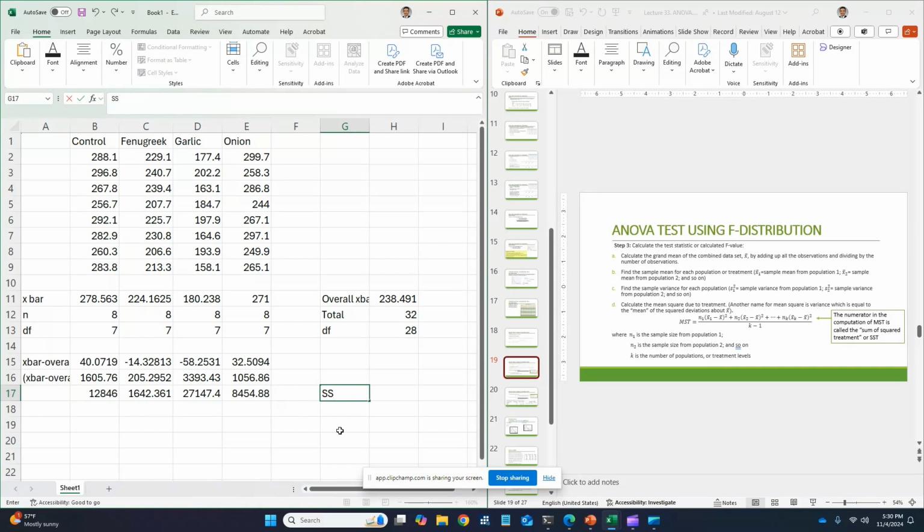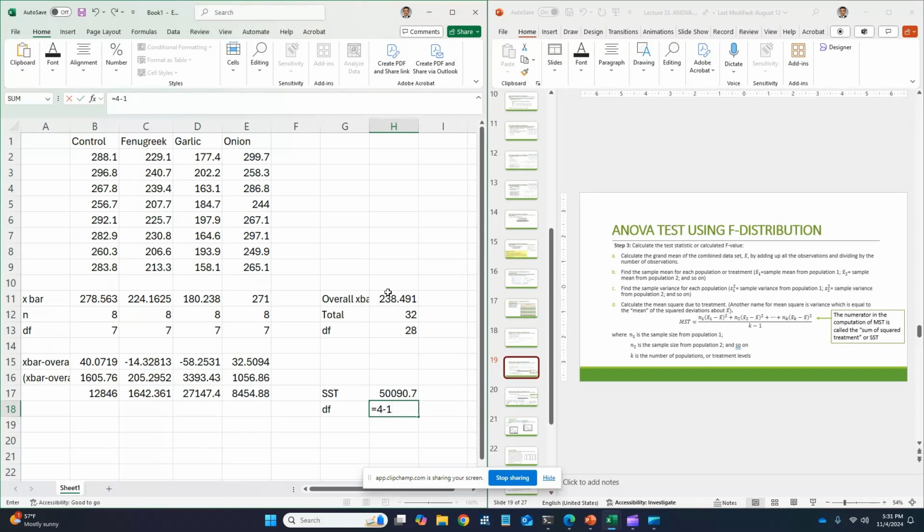It's sum square treatment, or SST. Then you can easily get that sum. And we know the degrees of freedom here. How many samples do we have? We have 4 samples. So k equals 4 minus 1, because we are using one overall mean here.